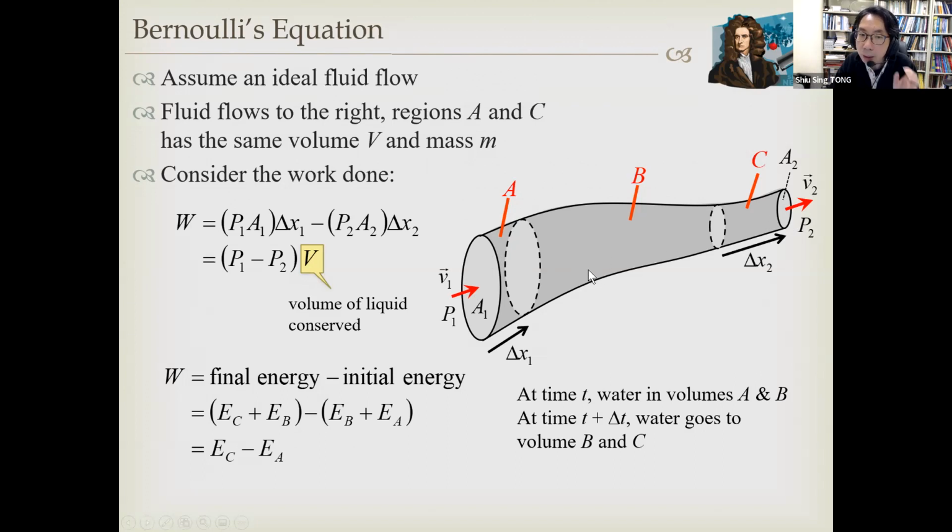Now you imagine that in a certain time delta t, there's a flow of liquid into the tube from the left side.